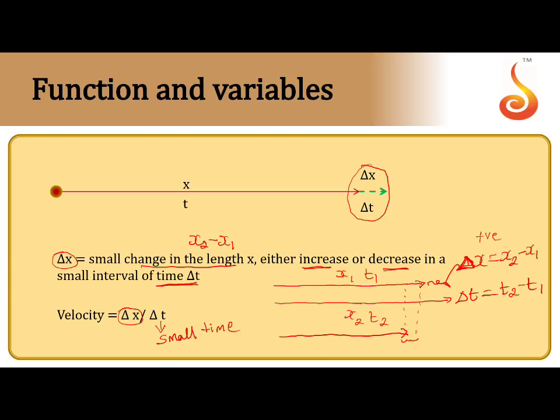So I will not take time equal to 0. I will try to take it as a value as small as possible, very close to 0 but not equal to 0. Our delta t should be very small, a value as close as possible to 0.